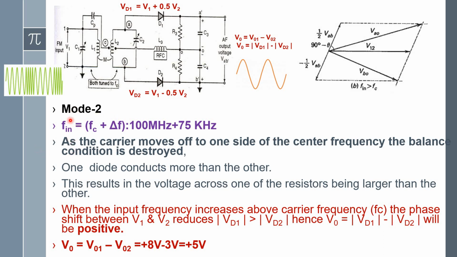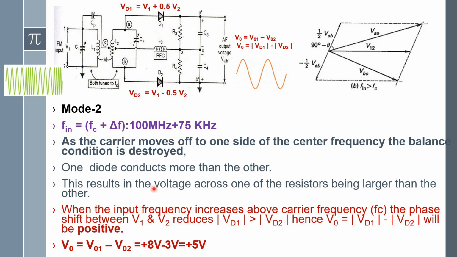Here the input frequency I am considering is Fc plus del F. So Fc plus del F means higher frequency, so 100 plus 75 kilohertz. As the carrier moves off to one side of the center frequency, that means above Fc or below Fc, the balance condition is destroyed. One diode conducts more than the other.